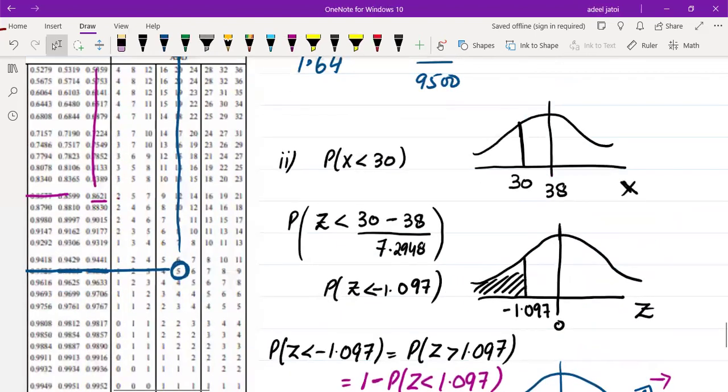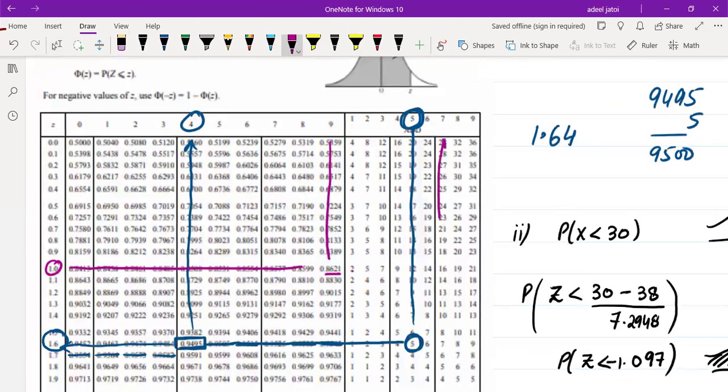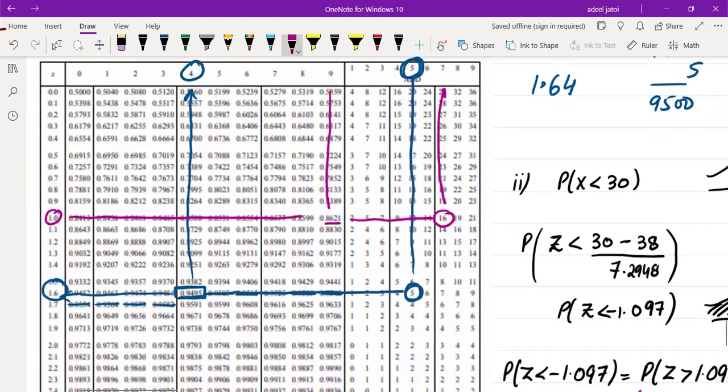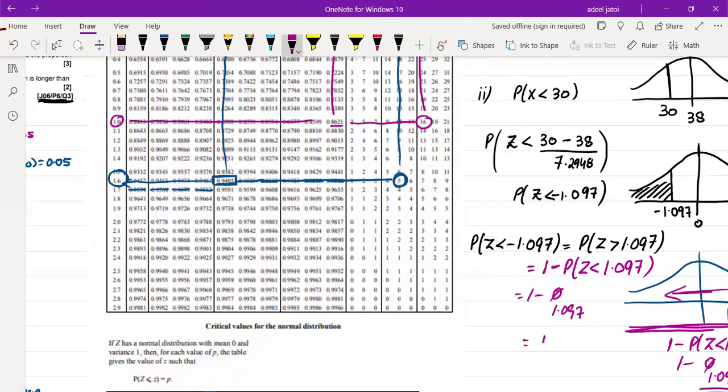Right? So when we are dealing with 7, 7 is here. 7 is basically 16. So 8621 plus 16 will be 8637. So the end result is 1 minus 0.8637.